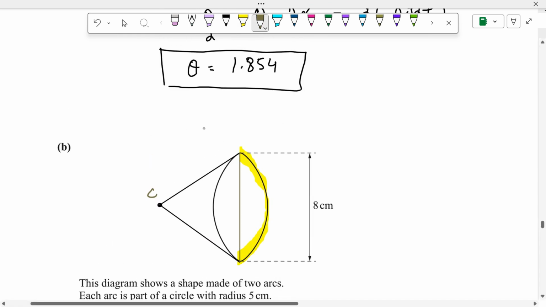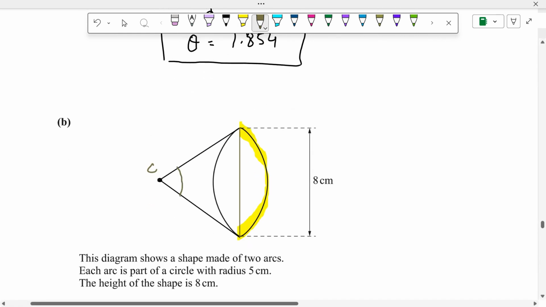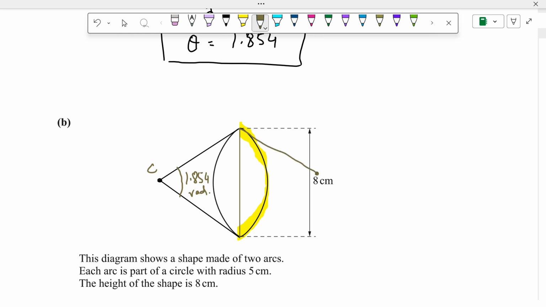We just calculated that theta, this one, is equal to 1.854 radians, and we need to find the length of this arc. This arc will also be part of another circle with center from here to here. So if we can find one arc, the other one will be the same.